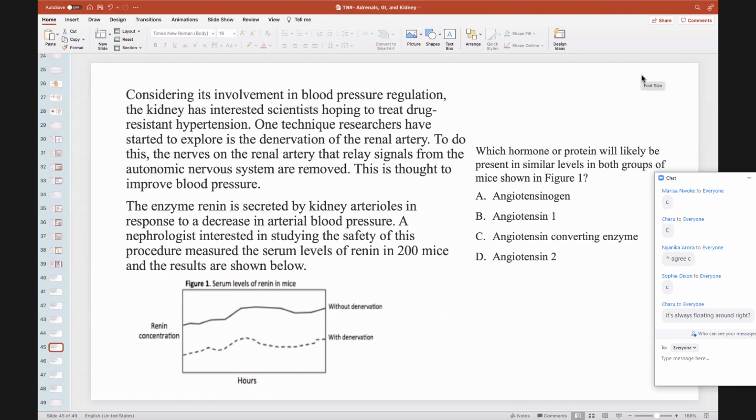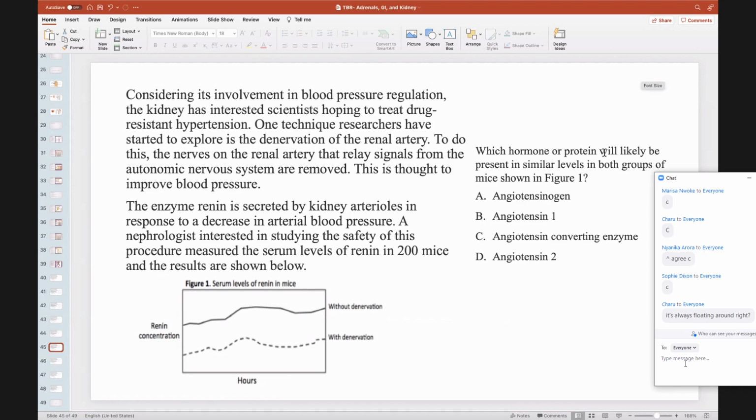All right, it looks like we got that. I think, Sophie, you tried to reword the question. You can actually even reword it to make it more simple. It's asking which hormone or protein will likely be present in similar levels in both groups shown in figure 1. The difference between both groups is innervation versus denervation.